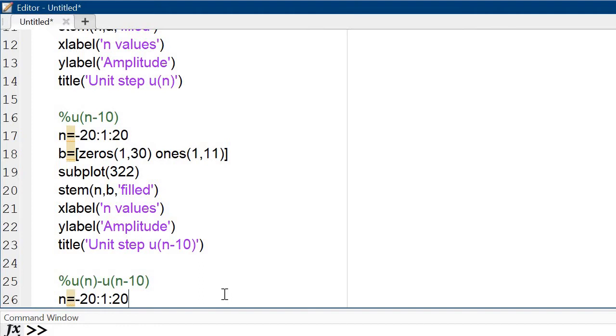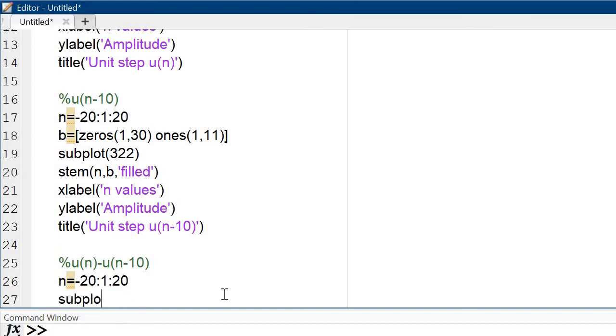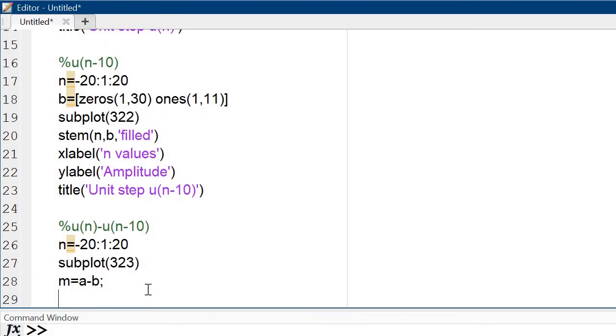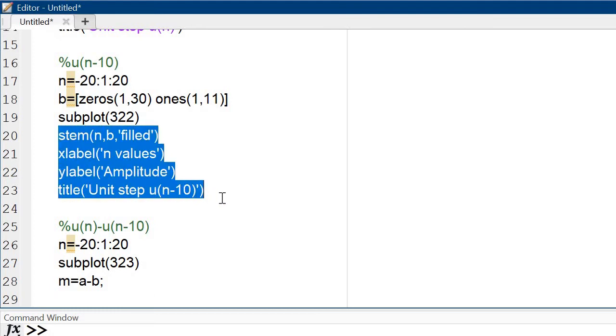Then after that, use the subplot command on the third position. Sorry, it is 3, 2, 3. Then the difference of these two, u of n minus u of n minus 10, where n minus 10 is b and first is a. So I am writing here a minus b. Clear? Then after that, use the stem command and xlabel, ylabel and title.